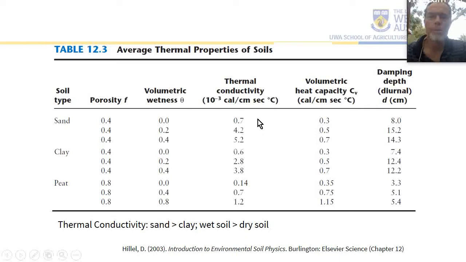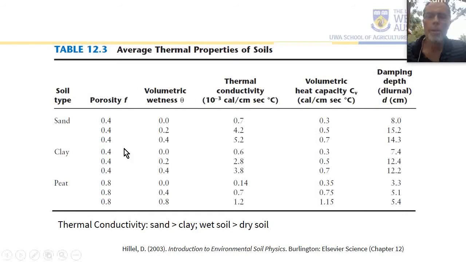Okay, and it's different for sand and clay, and much different for a peaty soil. And what seems to be controlling it there is the porosity being much higher for peat. So the solids are able to transmit energy in soils much more easily than the pore space, which contains water or fluids.